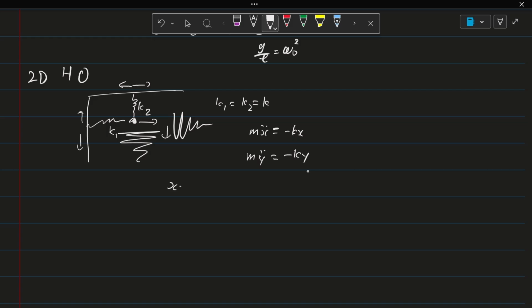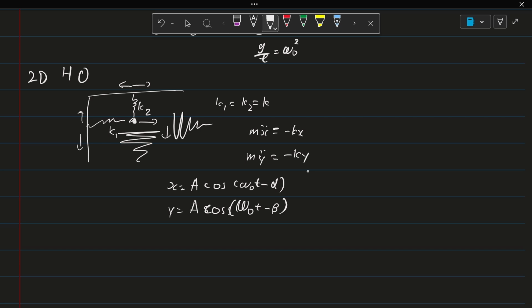The first one, x, would be a cosine omega 0 t minus alpha, and the y would be a cosine omega 0 t minus beta.